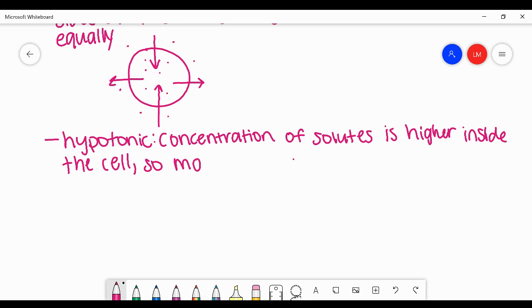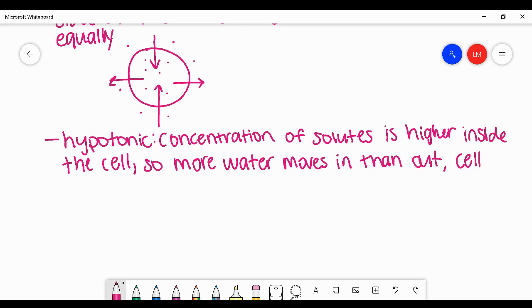So more water moves in than out. This causes the cell to swell and when that happens, it may burst because there's just so much water in there and the cell membrane can only grow so large.